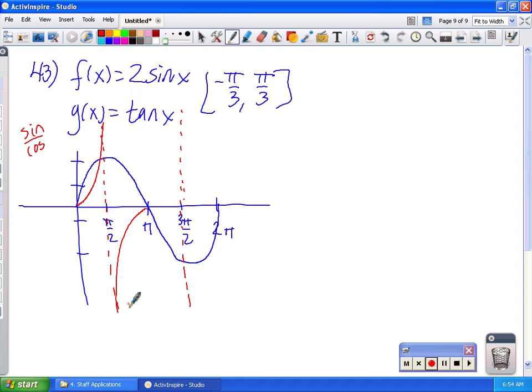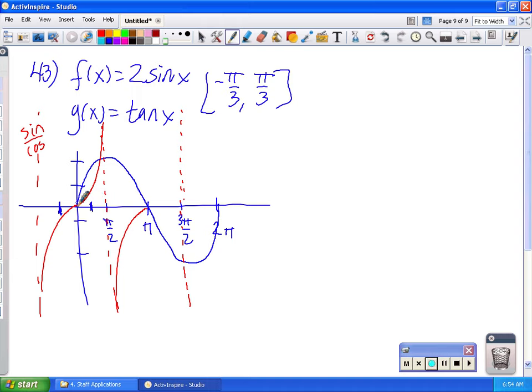But this one was going from negative pi over 3 to pi over 3, so here's going to be negative pi over 2. So pi over 3 is approximately here, and negative pi over 3 is about here, and pi over 3 is about here.